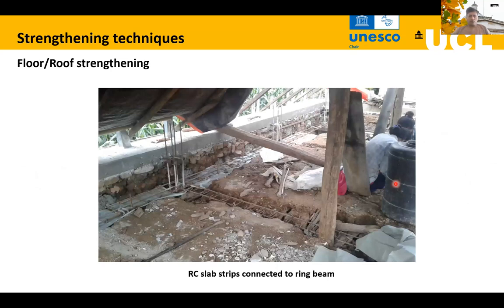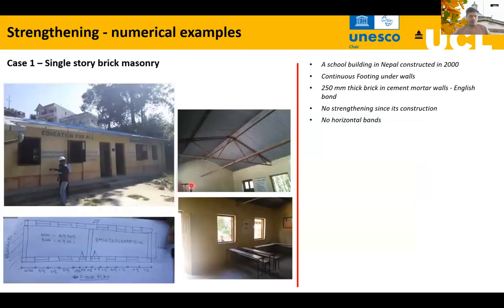On the same roof and floor strengthening side, for example, this floor is a mortar topped timber joisted floor, and here you can see this is retrofitting. You can see there are slab strips installed at certain intervals, and they are connected well to the ring beam and to the vertical strong backs. So we stiffen and improve the connection of the floor with the walls.